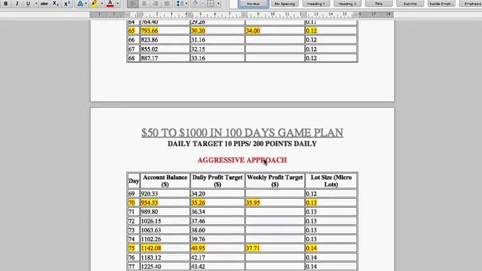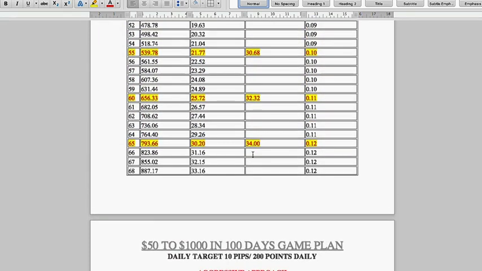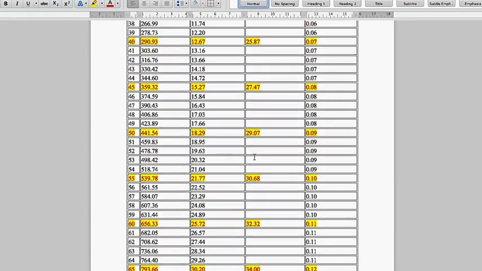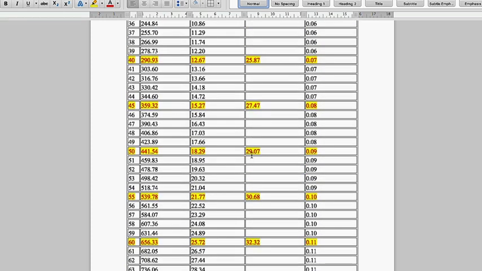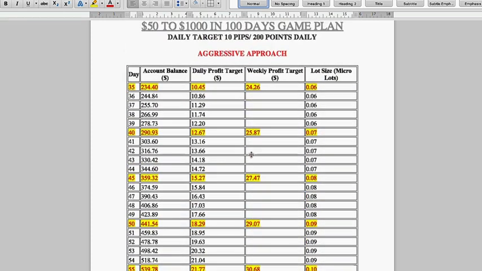But you achieve the goal with proper risk management and not over trading. This is the aggressive approach of trading from $50 to $1,000 in 100 days. You can achieve this in fewer days or even more. It all depends on the market condition and how your system plays out.